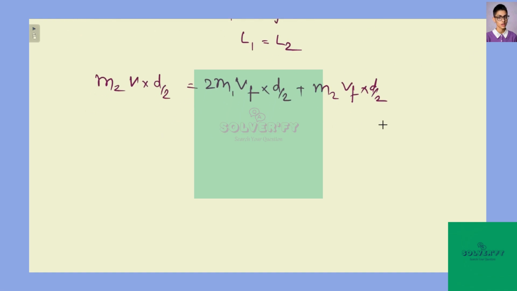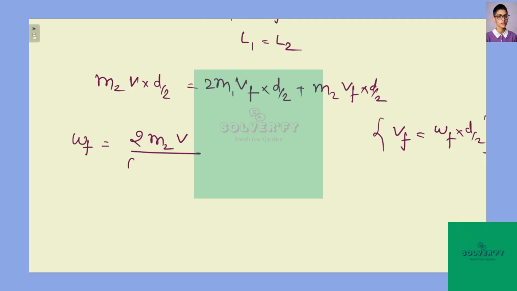Now vf is written as omega into d by 2. So finally we get omega f equals 2 times m2 into v upon 2 times (2 m1 plus m2) into d.